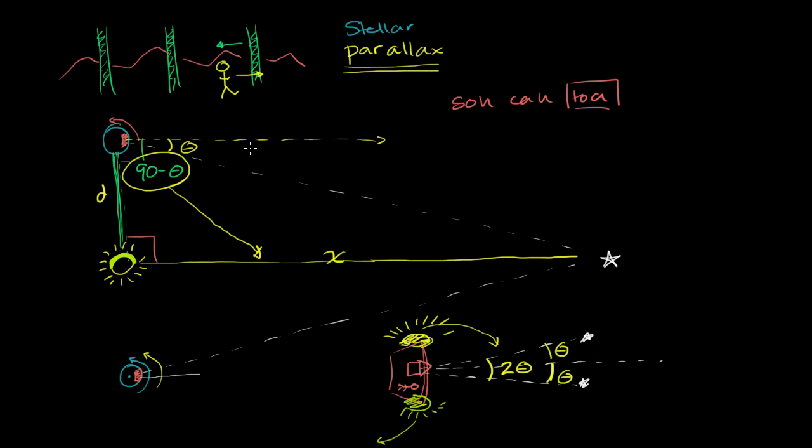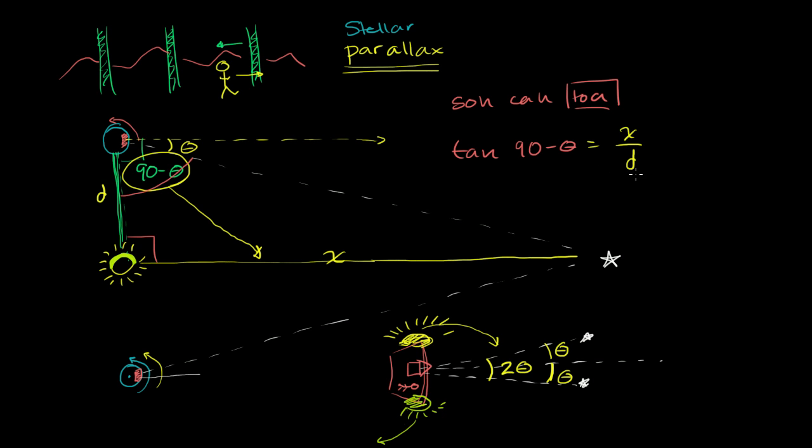So we could say that the tangent of 90 minus theta, that angle right over there, is equal to the opposite side, x, over the adjacent side, d.